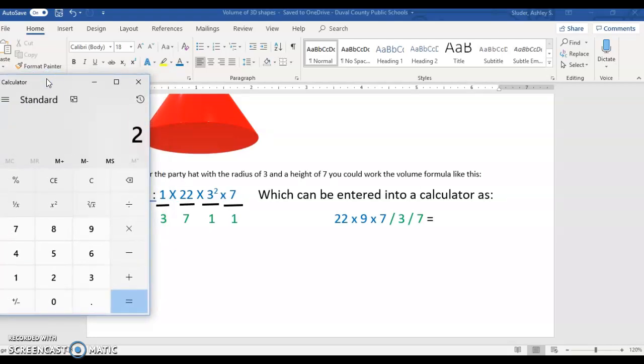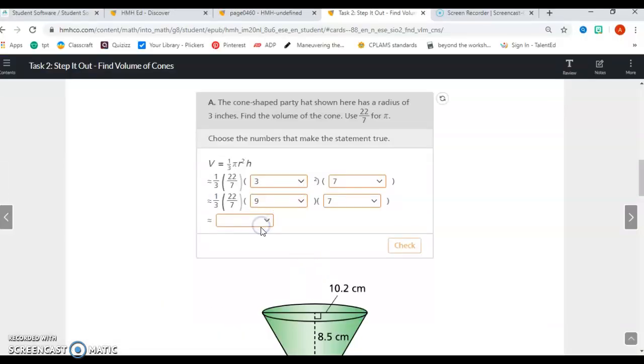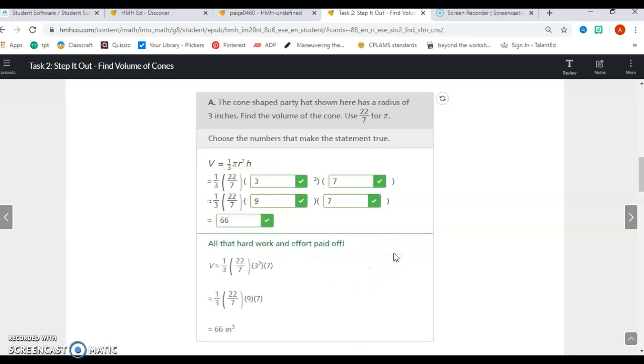Skipping the 1, and I'm just going to do 22 times 9, which is my radius squared, 3 times 3 is 9, times 7, which is my height. And then I'm going to divide it by 3 because it's 1/3, and divide it by 7 because of pi. And I get 66. So my volume would be 66.